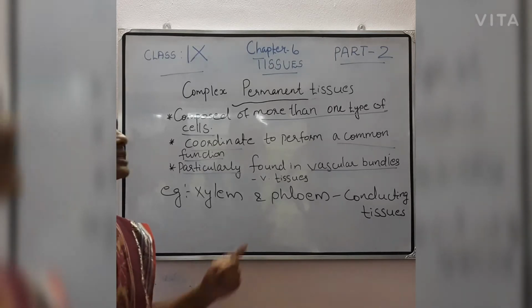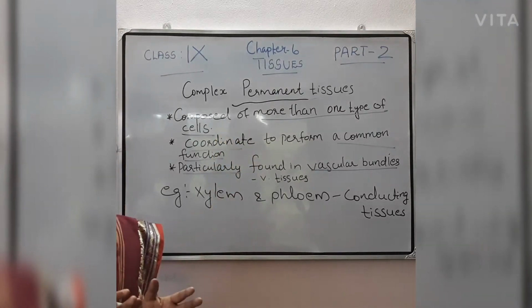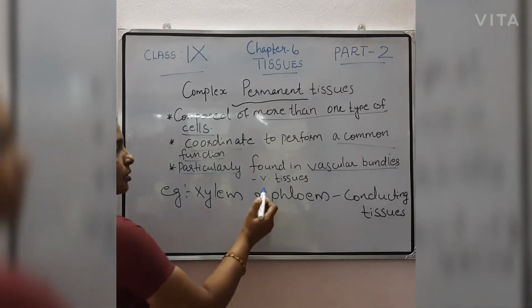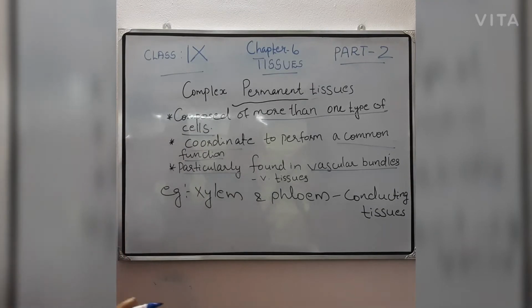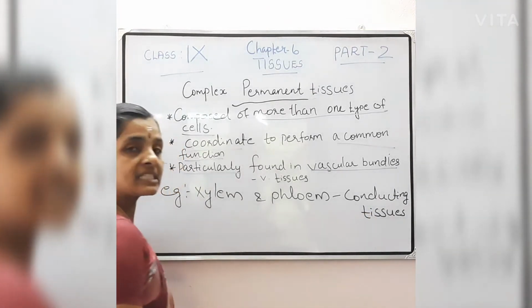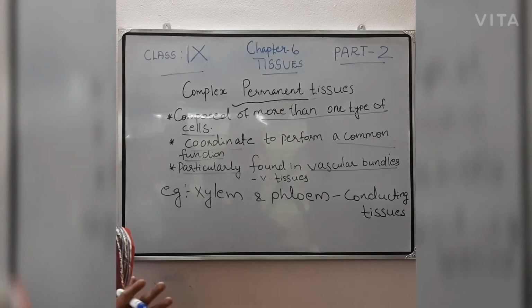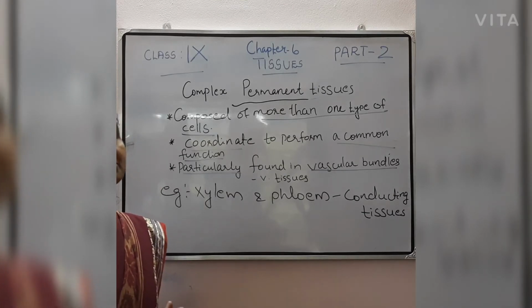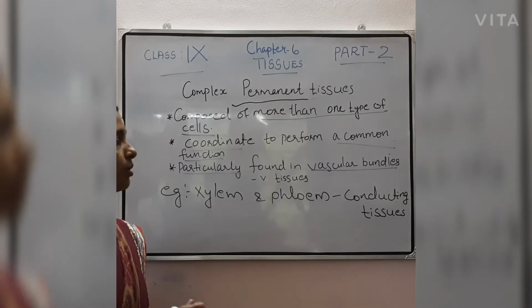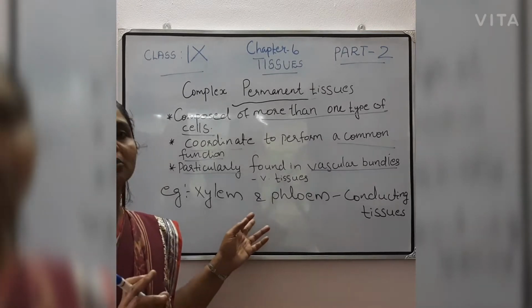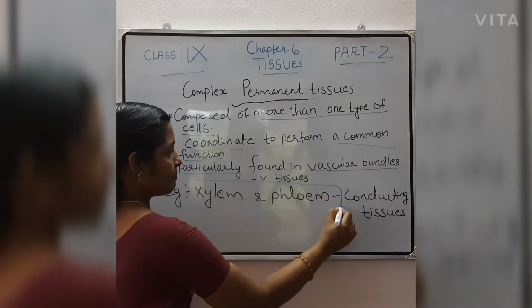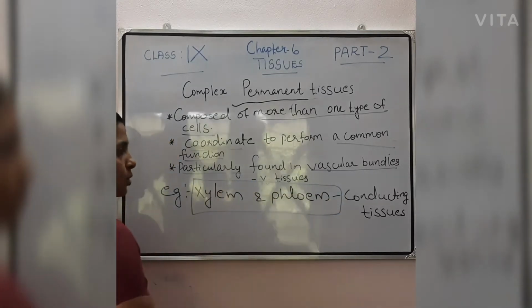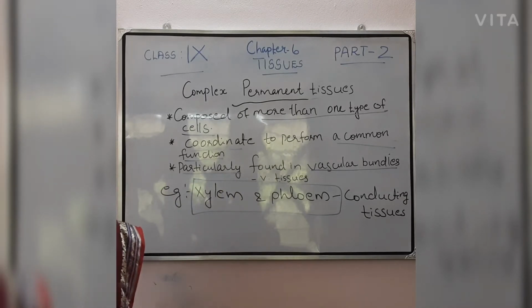So these complex permanent tissues are found in xylem and phloem, and they are also known as vascular tissues. Examples are xylem and phloem. These are conducting tissues, that means used for conduction of water, minerals and food materials. Together they are known as vascular bundles. And xylem and phloem are the distinct feature of plants, especially those present in the terrestrial area.